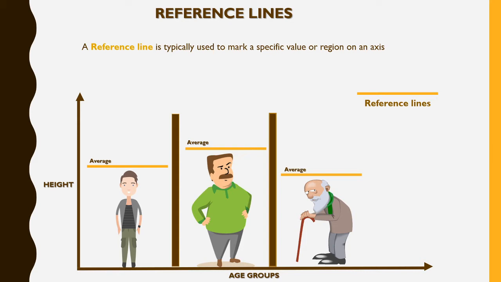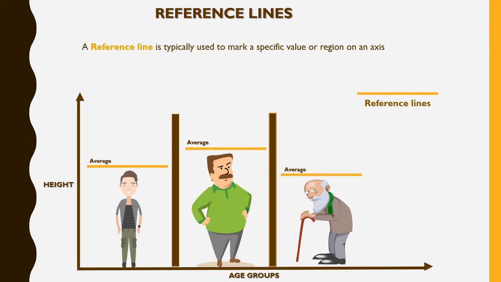So how can we find an insight from it? The average height of the youngsters is higher than the average height of the senior citizens. So what we have taken from this analysis is that youngsters mostly have more height than senior citizens, that is, people above 60 years of age.